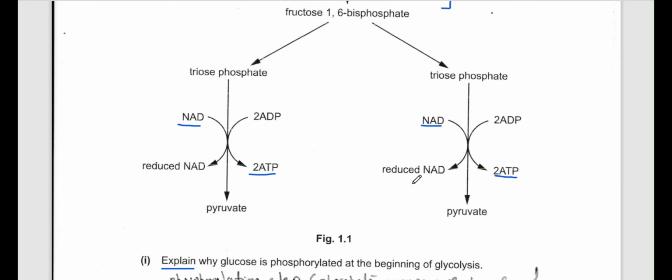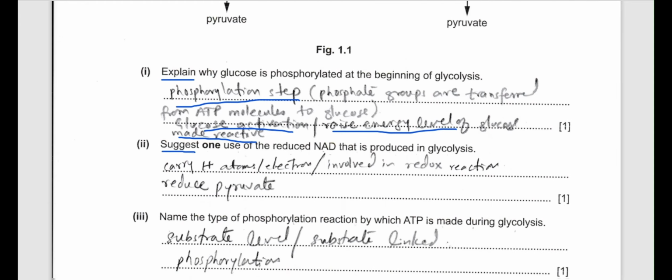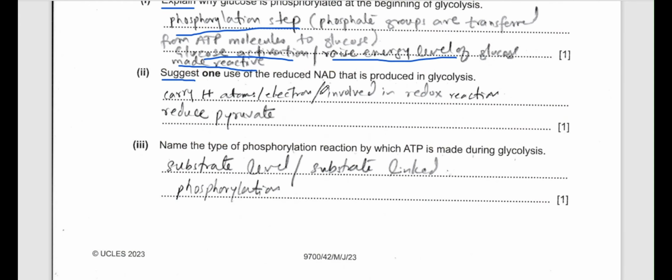So please make sure that you understand the whole glycolysis process, starting from triose phosphate till the formation of pyruvate, you are getting two reduced NAD molecules. So you have to talk about one use of the reduced NAD that is produced. What is the use of reduced NAD which has been produced in glycolysis?